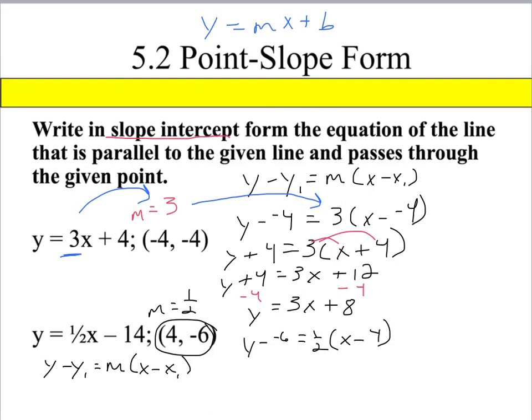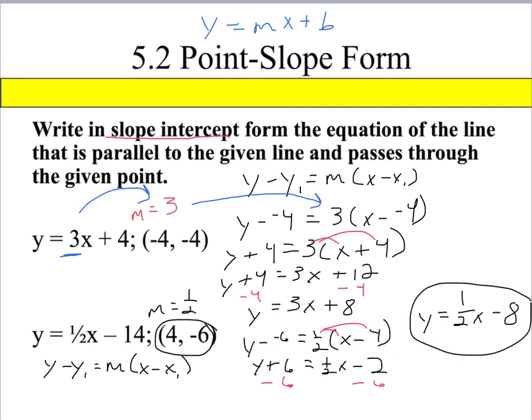Simplify and distribute. You can do that in the same exact step. So I have y plus 6 is equal to half x minus 2. Half of 4 is 2. Bring that 6 over, and my answer will be y equals half x minus 8.